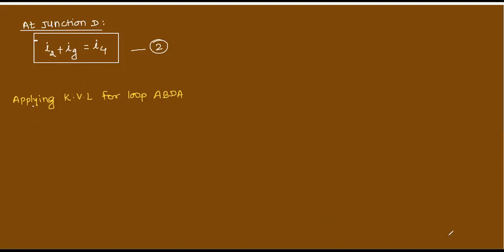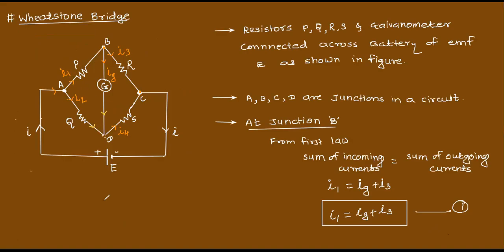So see here, when I am taking this loop ABDA, roughly I am showing you, this is the loop I am taking like this. This is loop 1, we can say.